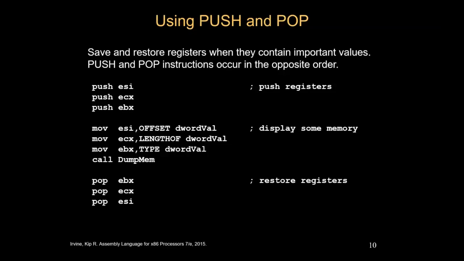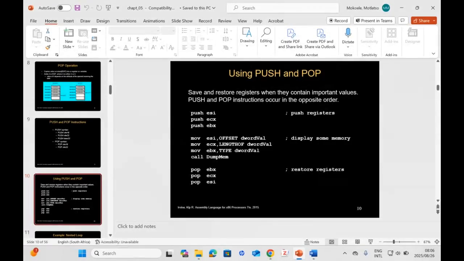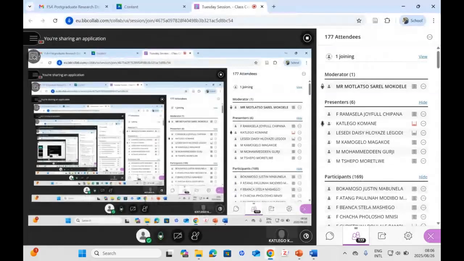Then after you're done, you pop BX, meaning whatever was in AX will be popped into BX. Then the code is done. Firstly, you move into AX, then you push AX, then you pop BX.